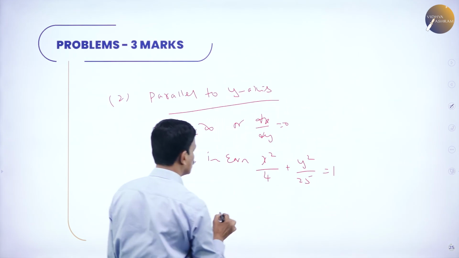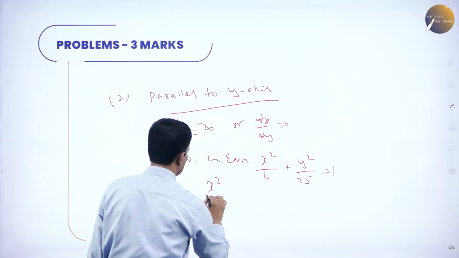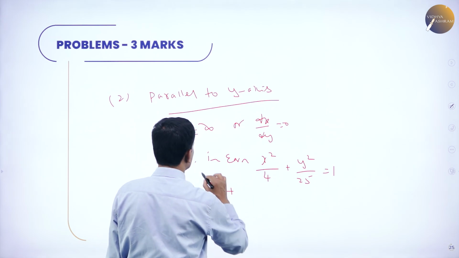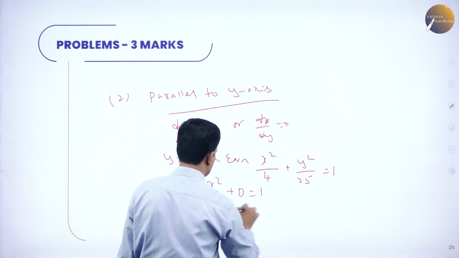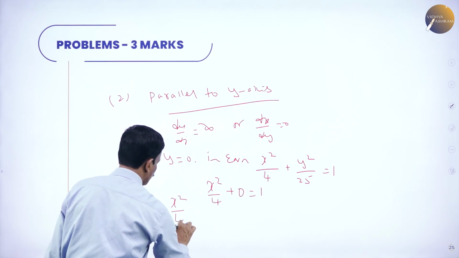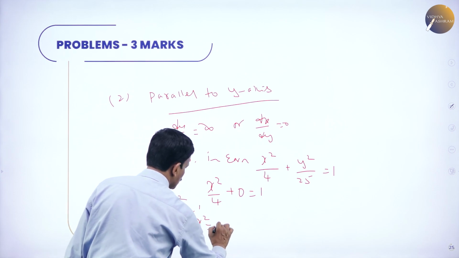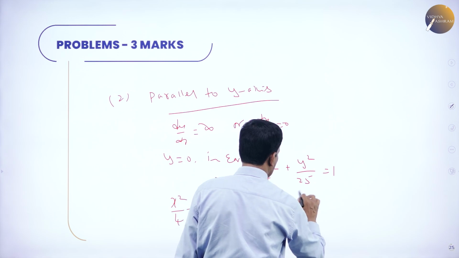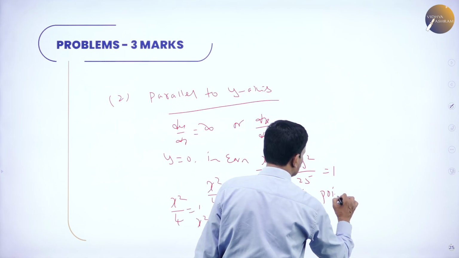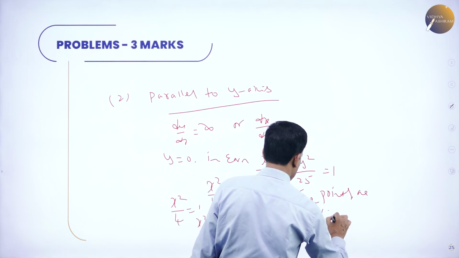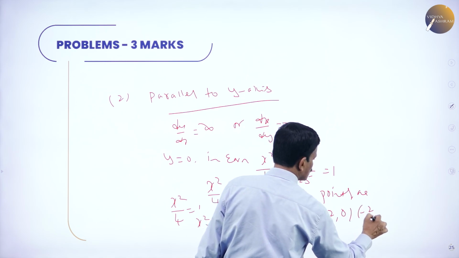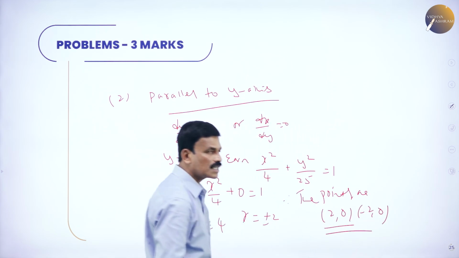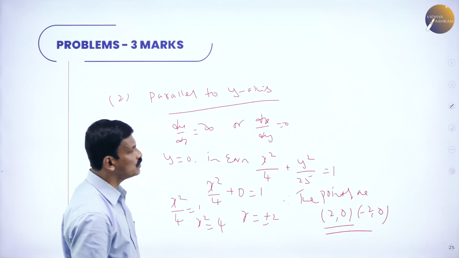Now x square by 4 plus y square by 0 is equal to 1. So x square by 4 is equal to 1, x square is equal to 4, x is equal to plus or minus 2. So therefore the points are when x is equal to 2, y is 0, when x is equal to minus 2. So these are the points where the tangent is parallel to y-axis.